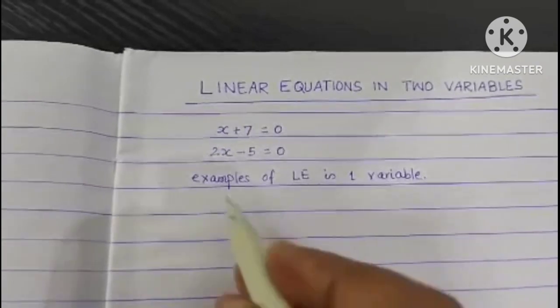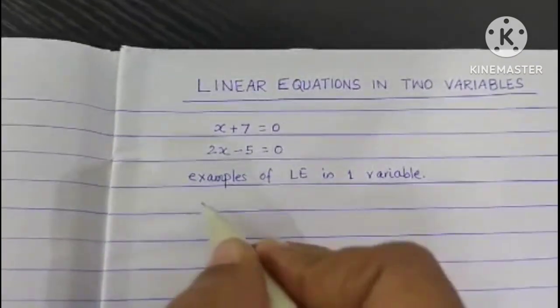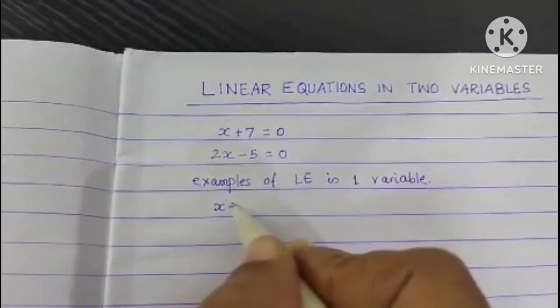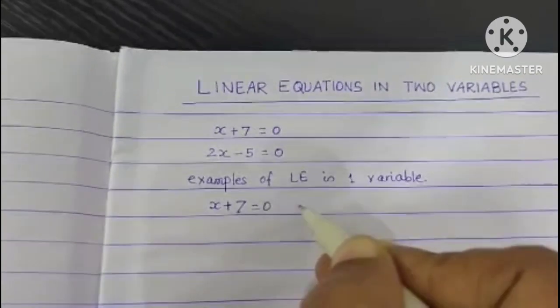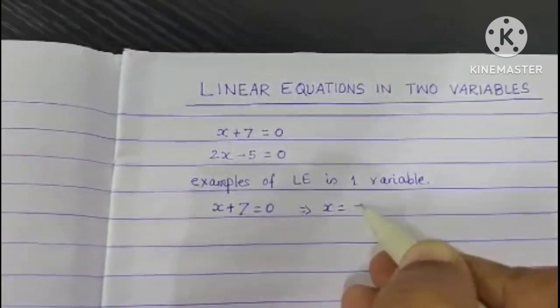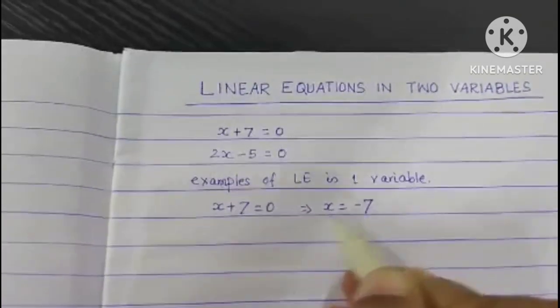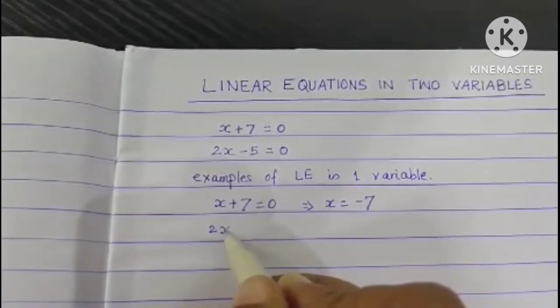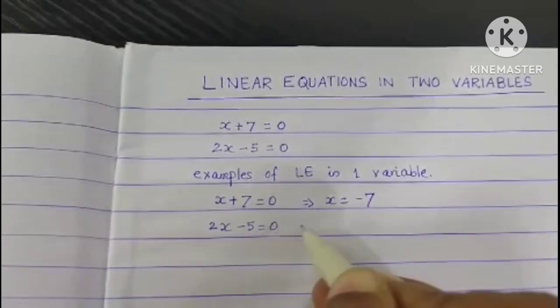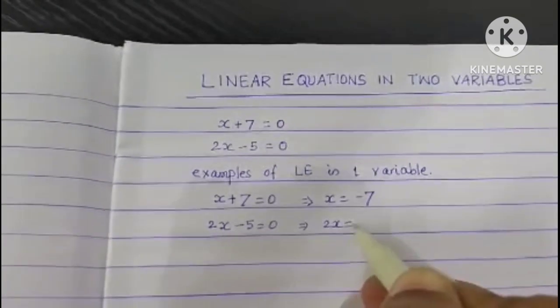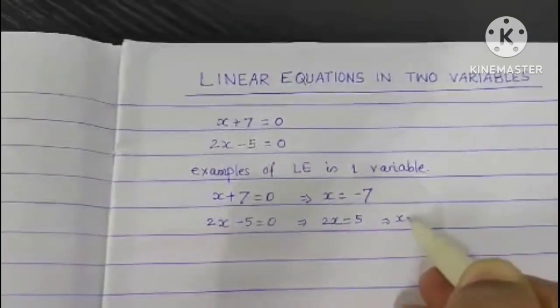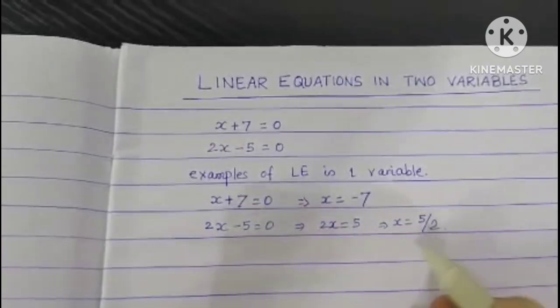And if you solve these equations, suppose first one, x plus 7 equal to 0, you get x equal to minus 7. You bring this plus 7 to this side, so x equal to minus 7. And from the second one, 2x minus 5 equal to 0, you get 2x equal to 5. This implies x equal to 5 by 2.